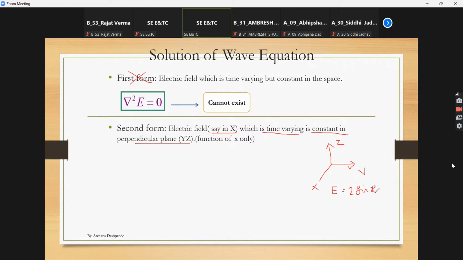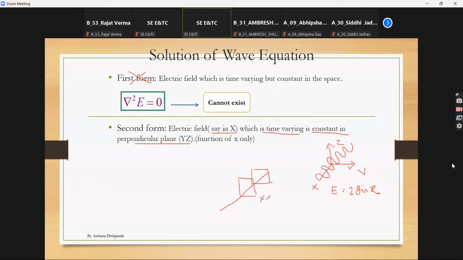So as this electric field moves, you can imagine that there are these yz planes. This is one yz plane. This is the x-axis. This is another yz plane.